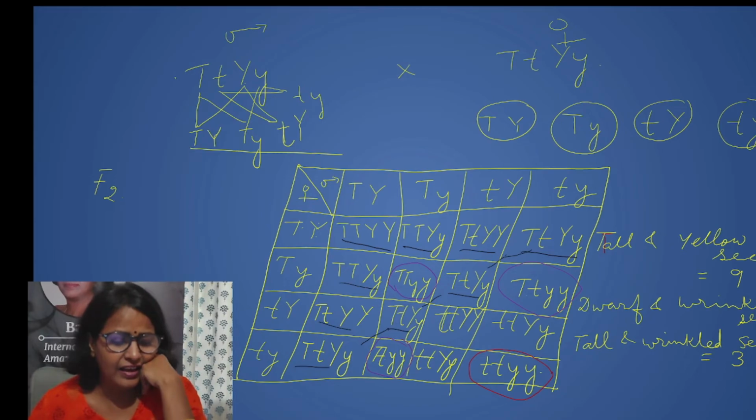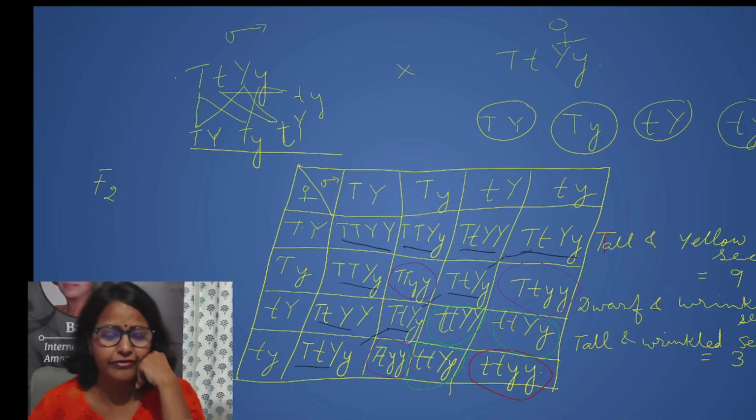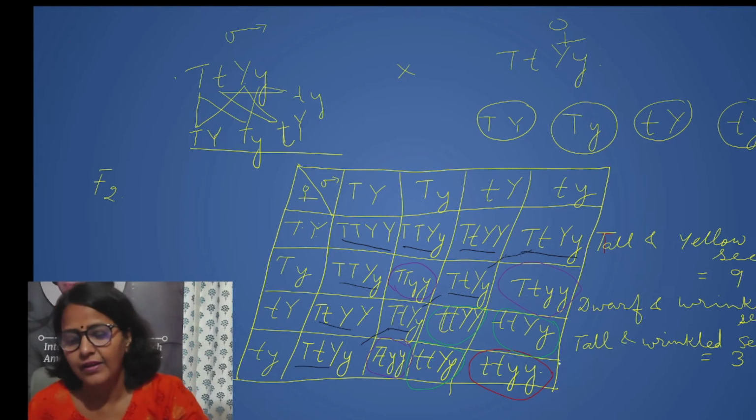Let us see the remaining 3, what is their characteristics. No capital T is there, no capital T, no capital T, that means they are dwarf. So dwarf, but they have capital Y, and yellow seeds.